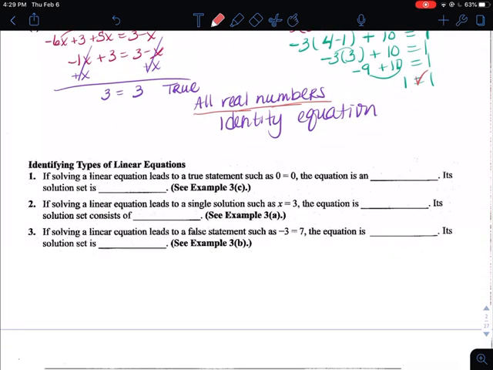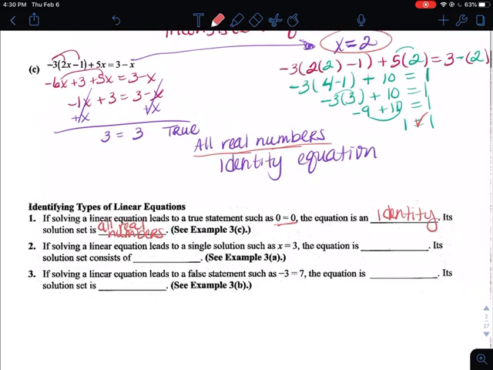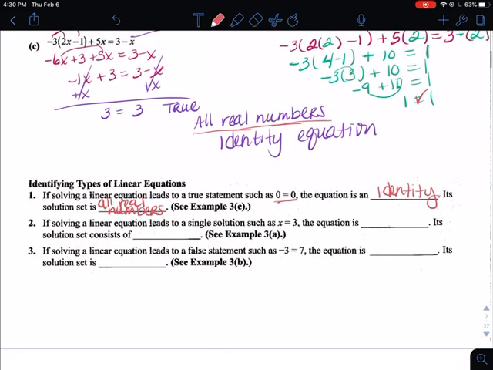All right, this part right here just summarizes what we did earlier. It says if solving a linear equation leads to a true statement such as 0 equals 0, the equation is an identity. Its solution set is all real numbers. And this is example 3C that we just finished.